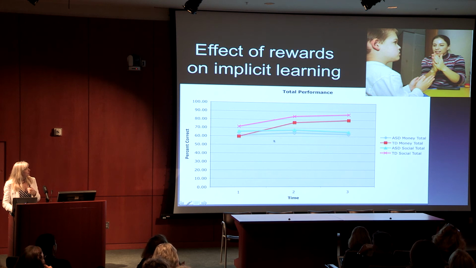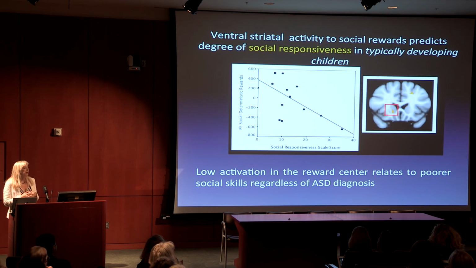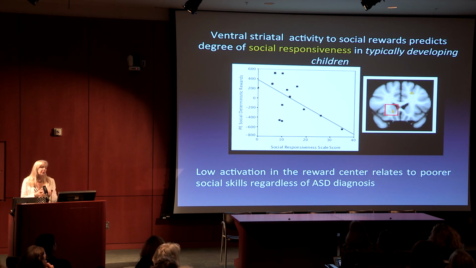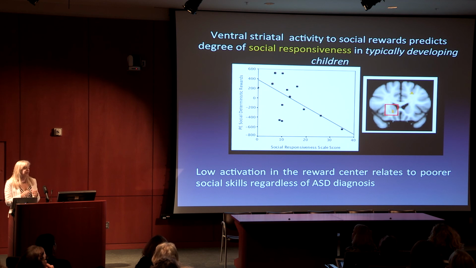And notice the learning curves in the kids with autism. They just don't seem to be learning, at least implicitly, on the basis of that rewarded feedback. But more to the point of looking at individual variation, when we look at the activity in the reward center, and of course we can't do this so much in the kids with autism because they don't have enough activity here, but when we look in the typically developing kids, the amount of activity in the brain correlates with the amount of social responsiveness they show on the social responsiveness scale.